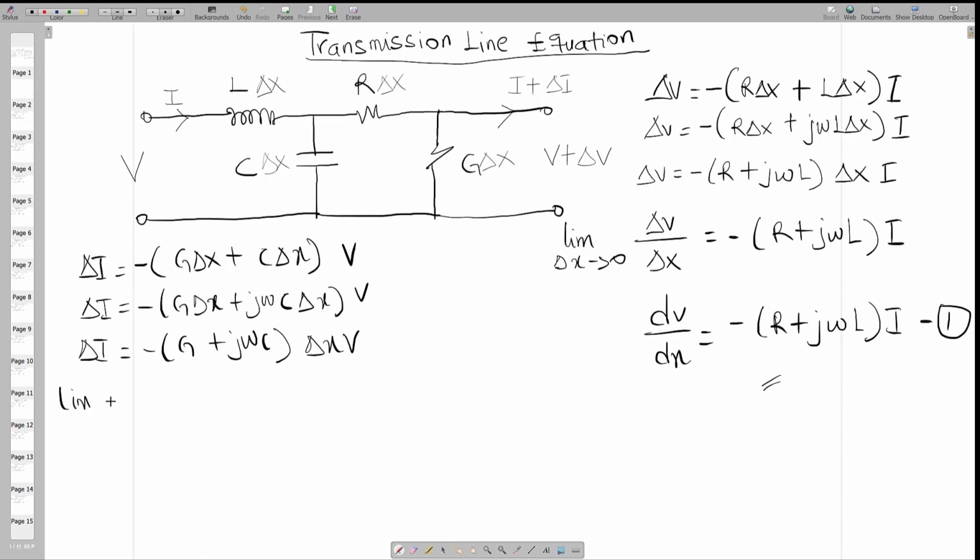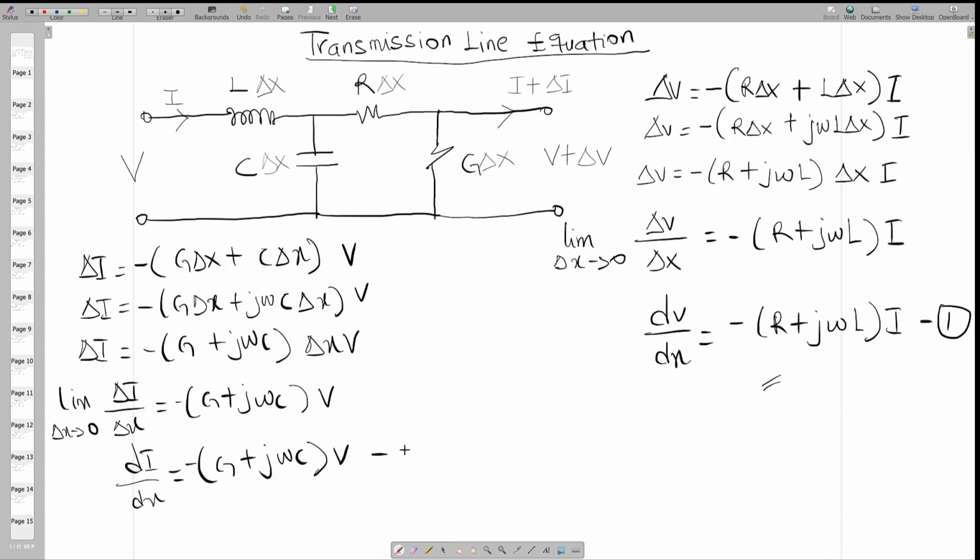So taking the limit of delta I over delta X, where delta X is approaching 0, I'll have minus (G plus j omega C) and V. So the limit of delta I over delta X as delta X approaches 0 will be dI over dx equals minus (G plus j omega C) times V. So we have equation 1 and equation 2.